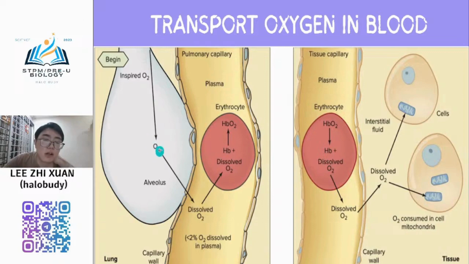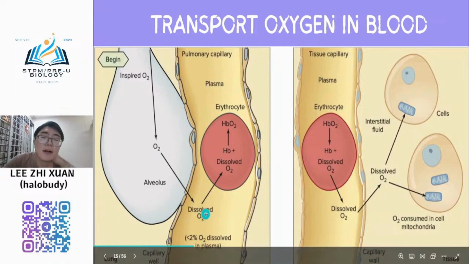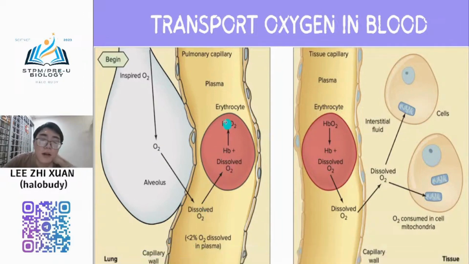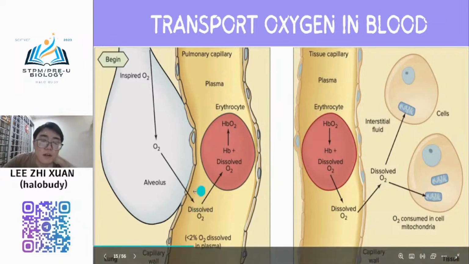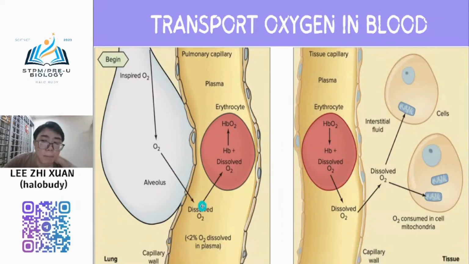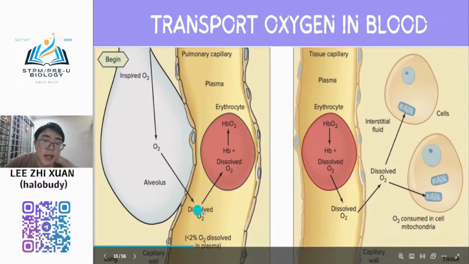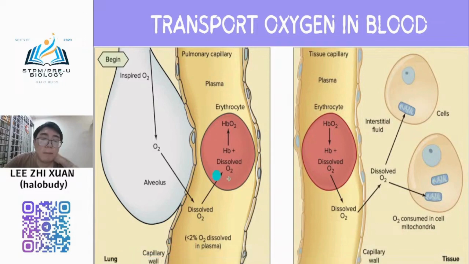First it diffuses from the alveolus into the blood plasma, and after that, the oxygen will diffuse into the red blood cell, the erythrocyte.